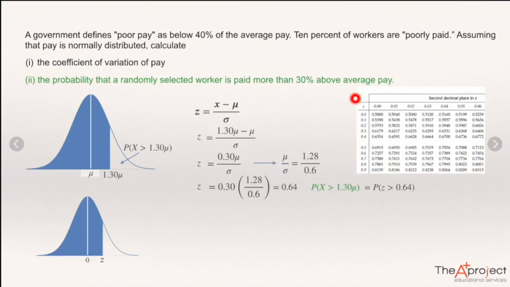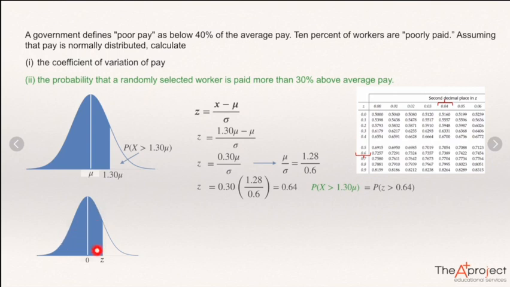In a table that we have here, we go here until 0.6, and the second decimal is 4, that is here at the top, 0.64. And then the value that is in the same row and the same column is 0.7389.